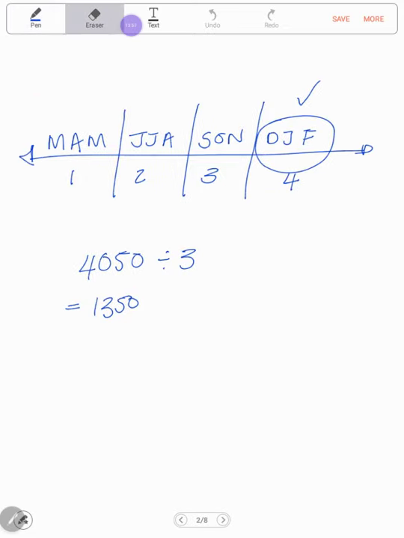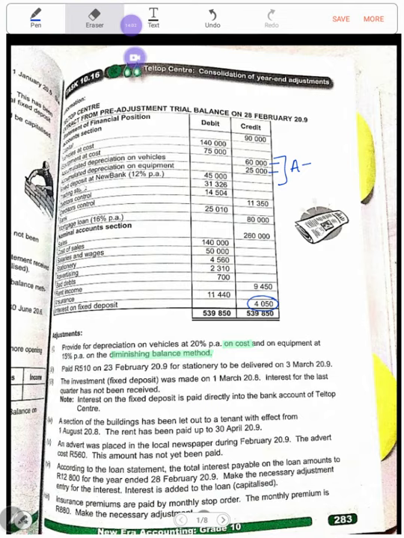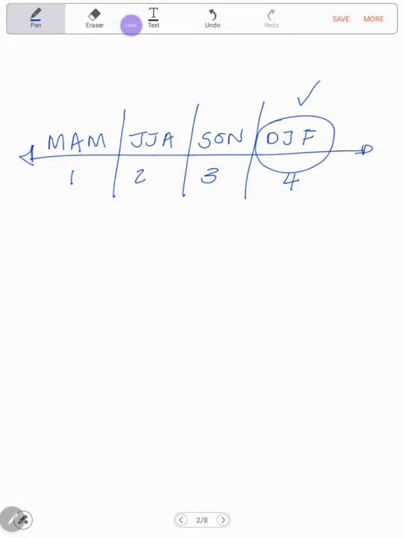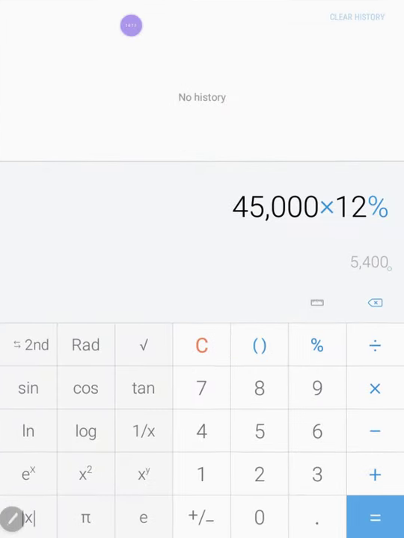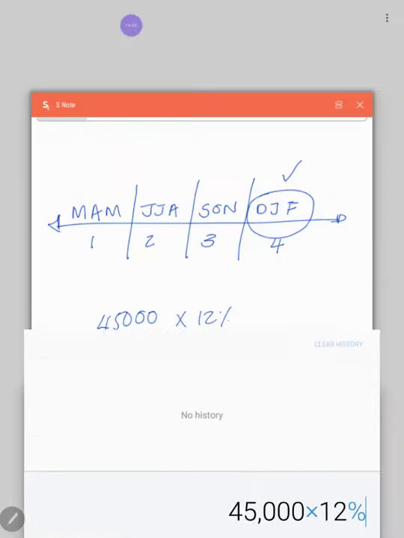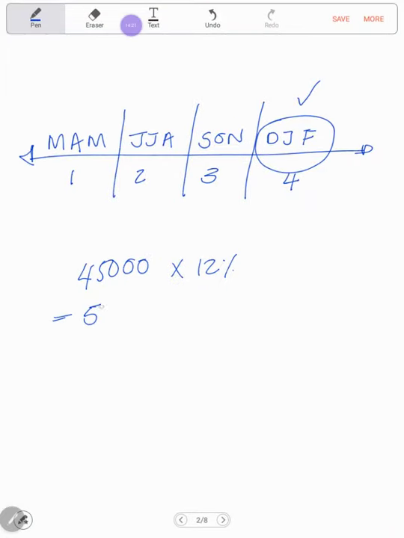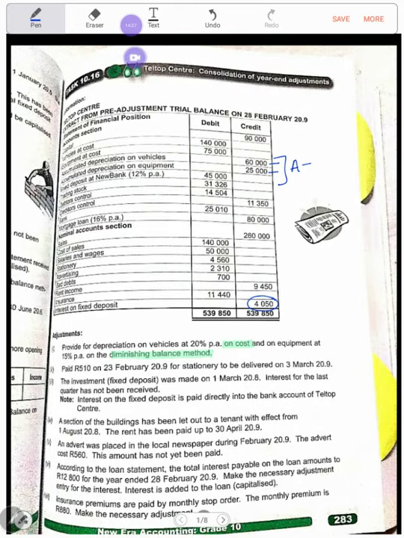Another way that you can work this out is take your actual fixed deposit amount, 45,000, times 12%, because that is for the year, 12% per annum. So let's work it out. I've done it already. I'm supposed to be receiving 5,400 Rand from that fixed investment as an income. Of the 5,400 Rand, what has been received already? The 4,050.